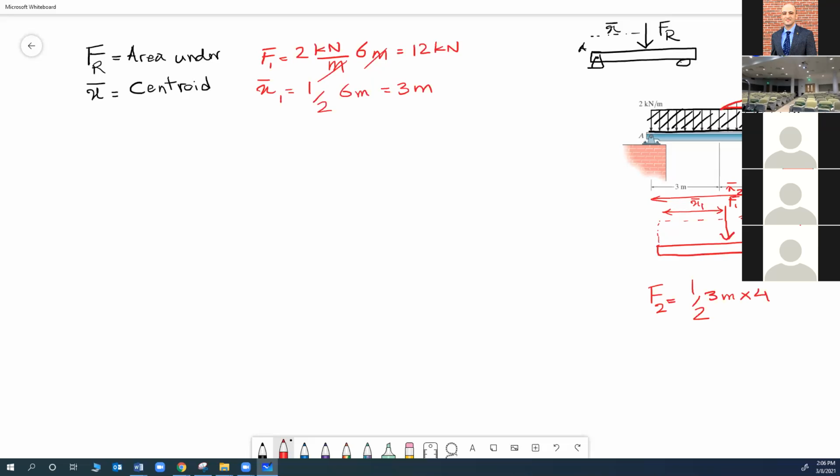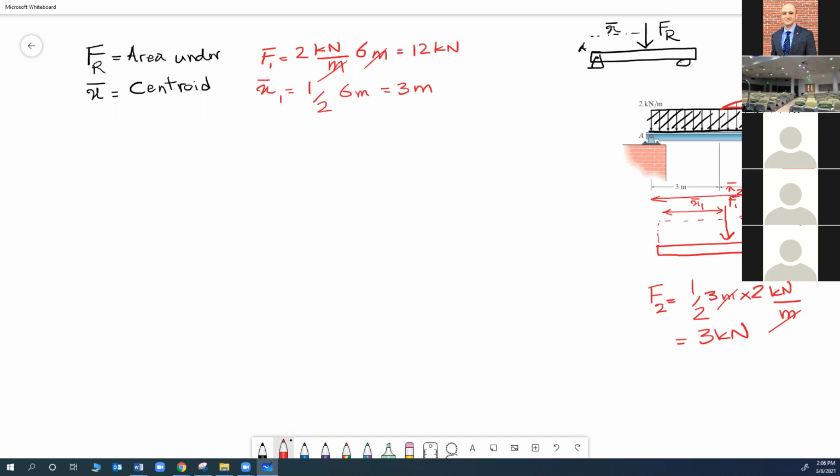See, I almost made the mistake. If you're not careful, you can just make a mistake right there. Everything else after that is just going to snowball. 2 kilonewtons per meter, so we get 6 over 2, so 3 kilonewtons is my F2.